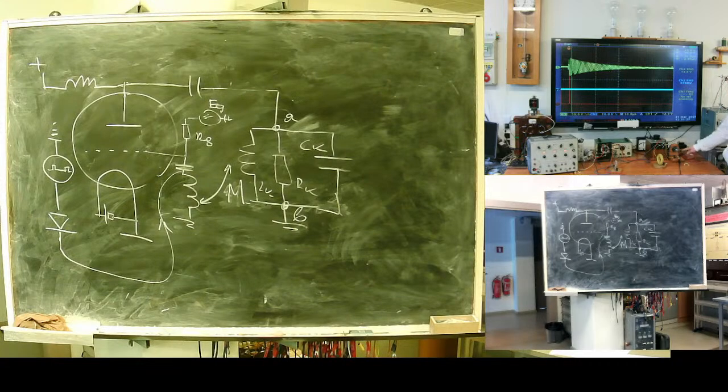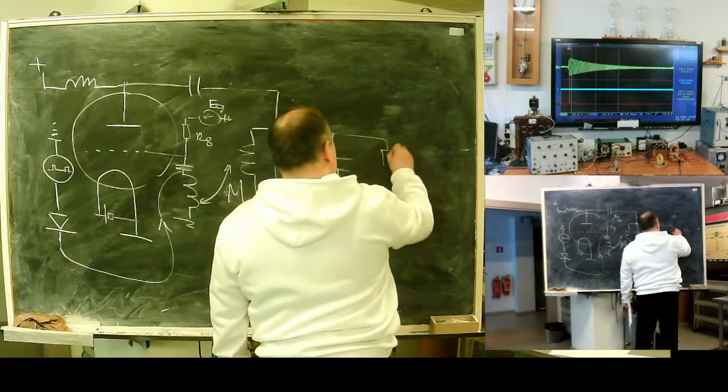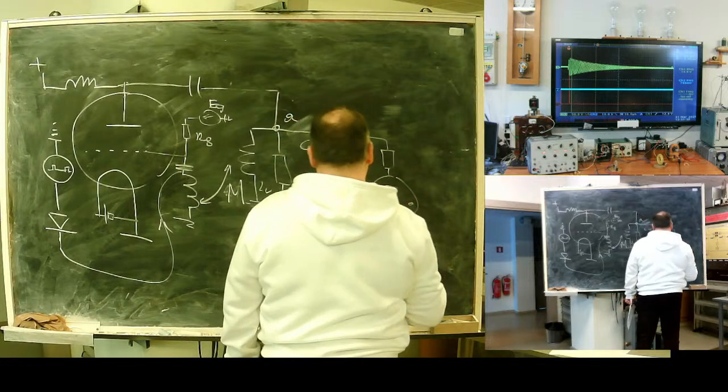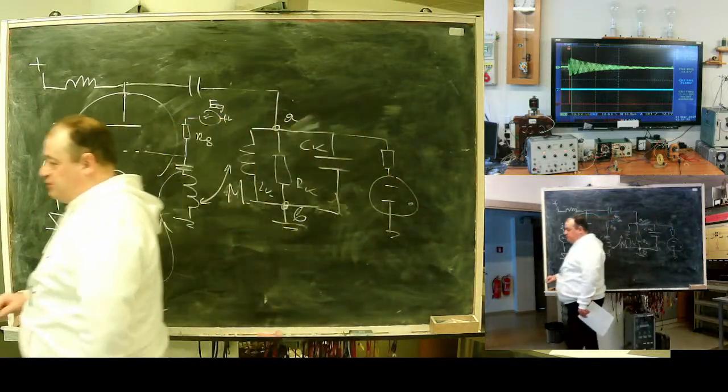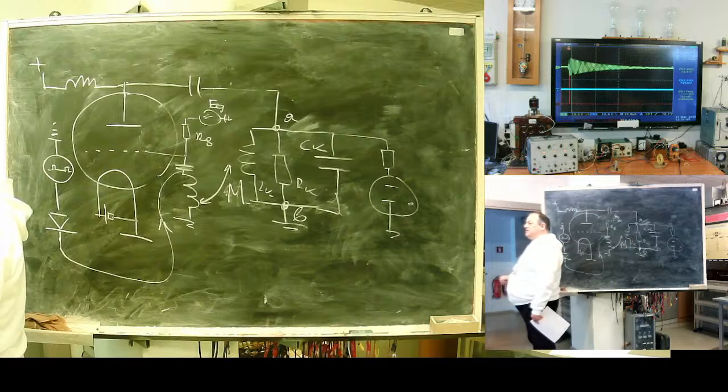One more element, I add this neon lamp. It's a voltage limiter. It has active resistance inside. It's needed, I don't want to burn everything. So it's like a voltage divider or something? No, it's a voltage limiter.